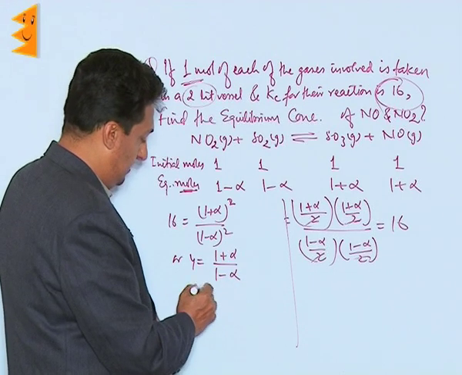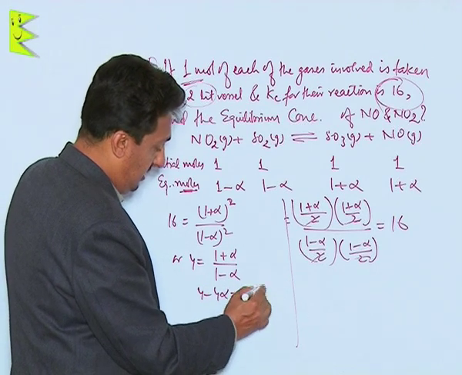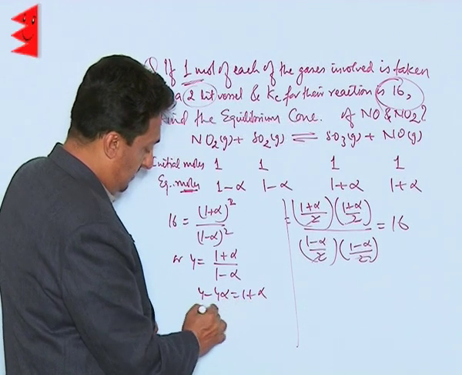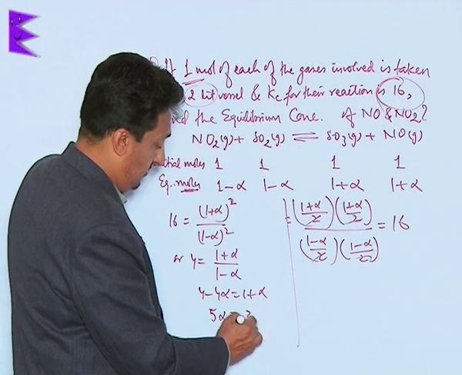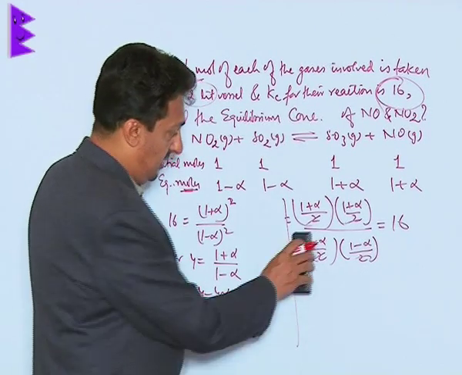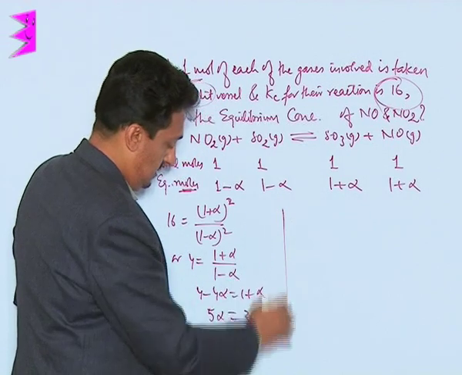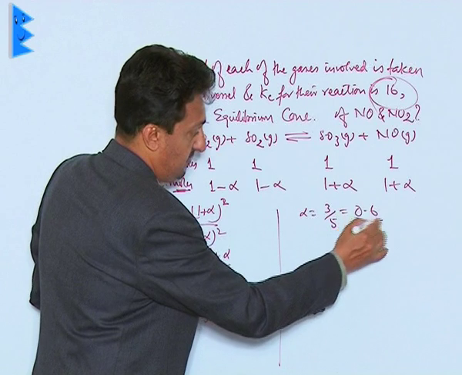If we open it, we get 4 minus 4 alpha is equal to 1 plus alpha. Bring 4 here, it will become 5 alpha equal to 3, and alpha will be 3 by 5, so it is 0.6.